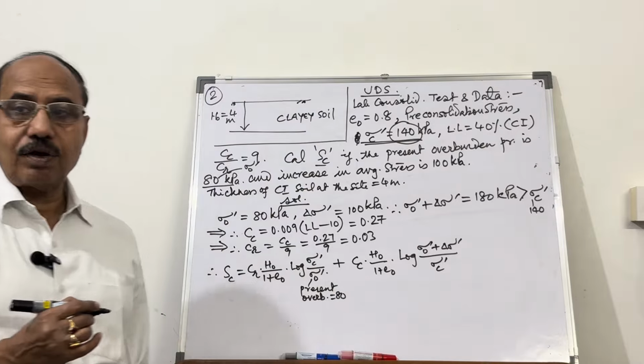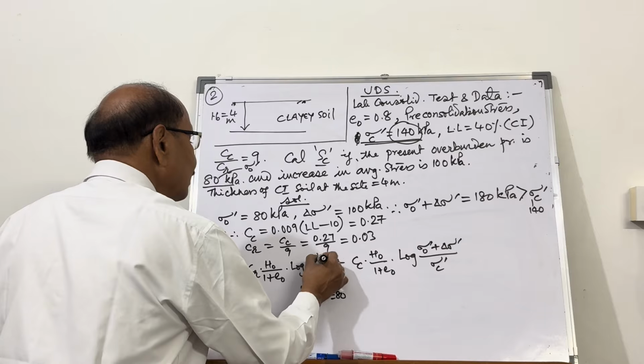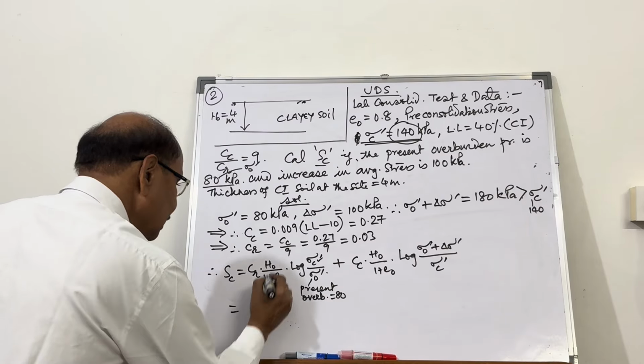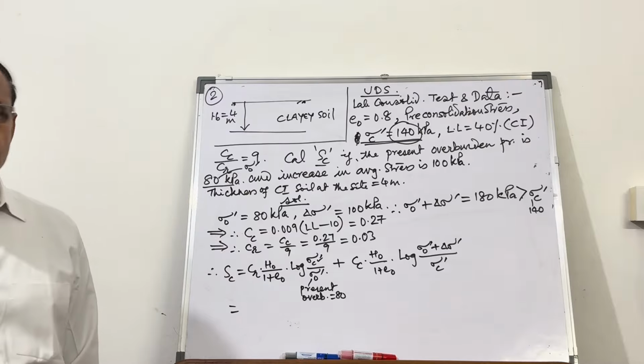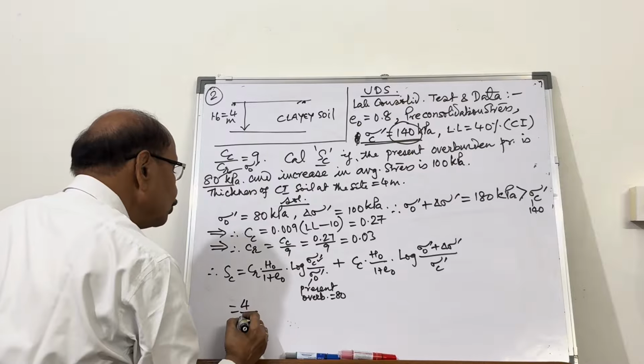So this becomes the formula, and once this becomes the formula, you can take the stress range for the first term. It will be 140 by 80. You can calculate this. The value of H naught is already known to you because the thickness is already known, that is 4 meter, and e naught is 0.8.